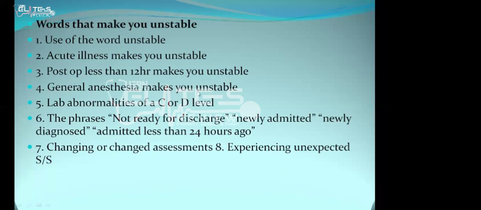General anesthesia, that one too, we spoke of it. It makes you unstable because of risk of respiratory compromise. Not actually respiratory compromise, but risk of respiratory compromise. That is why you can become unstable. Not even respiratory alone.